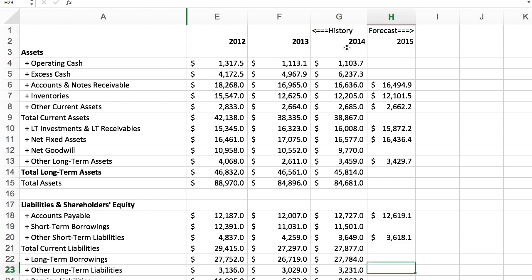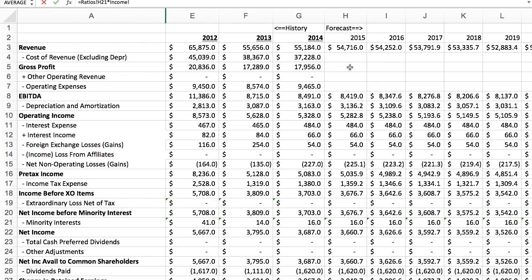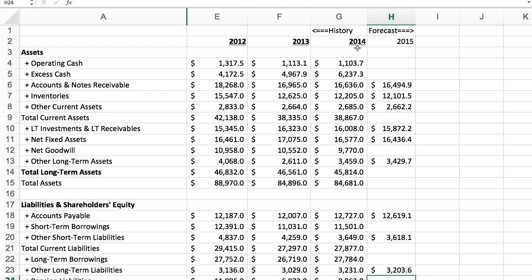And finally, other long-term liabilities equals ratios 2015 other long-term liabilities times income 2015 revenue. So very quickly, we have created dollar forecasts for 2015 for those 9 ratios by multiplying the ratios by the 2015 revenue dollar forecast, and that's gotten us those 9 balance sheet items.